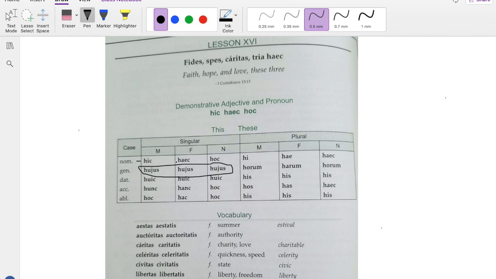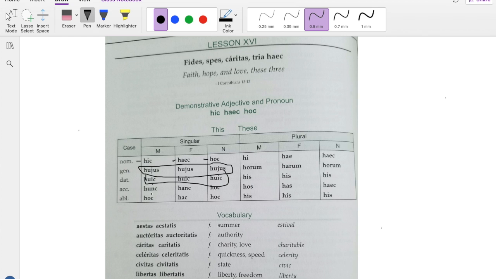Hic, we don't recognize that. The nominative feminine, haec, that's strange too. Hoc, that's strange too. We're going to have to learn these. The dative, we have the I here to help us recognize the dative, and it's identical for all three. Huic, huic. The accusative, hunc, hanc, hoc, that is going to look a little irregular as well.